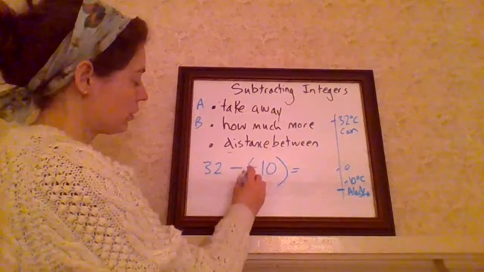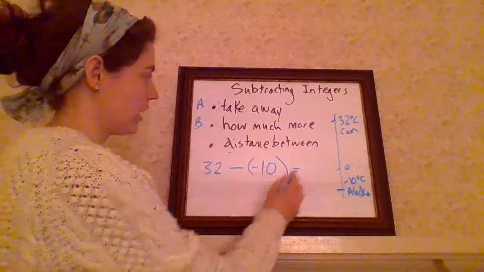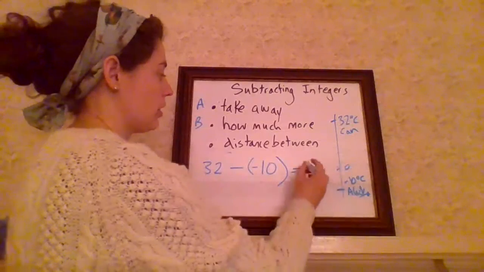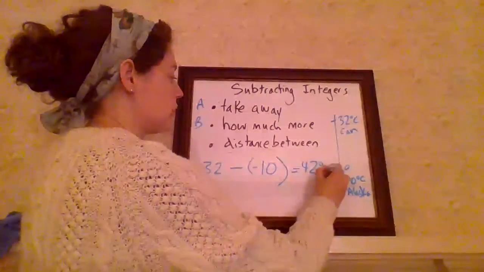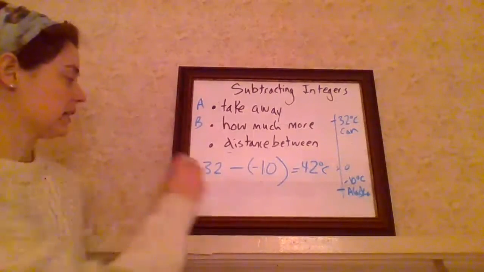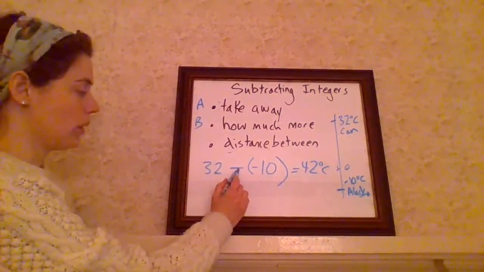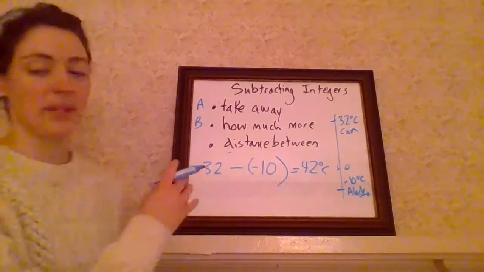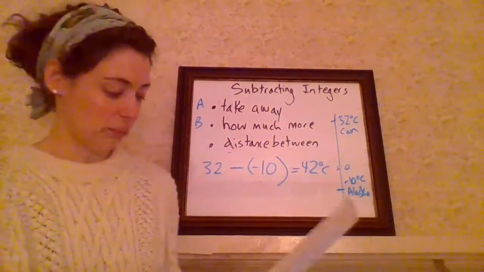So if you're taking away negative 10, you're counting all the way down from 32 to 0 and then another 10. So the difference between the two numbers is 42 degrees Celsius. So when you're minusing a negative number, it's really a lot like adding, isn't it?